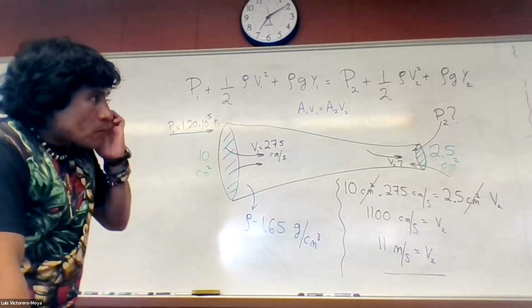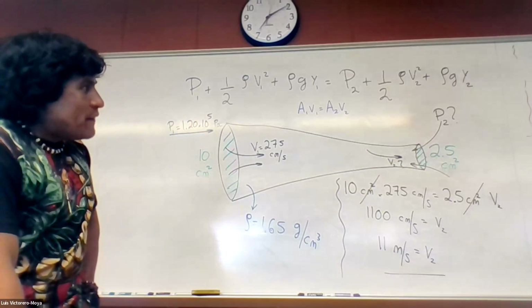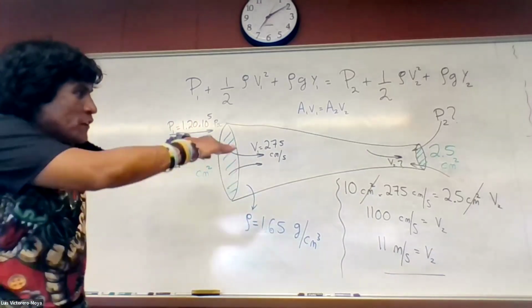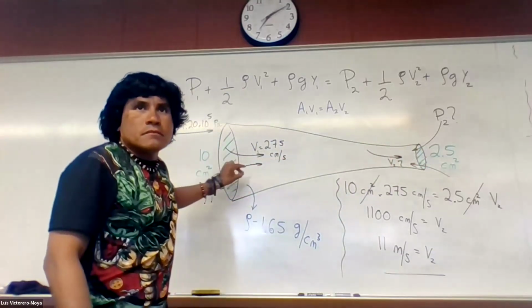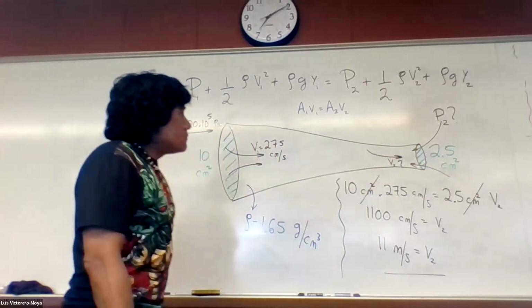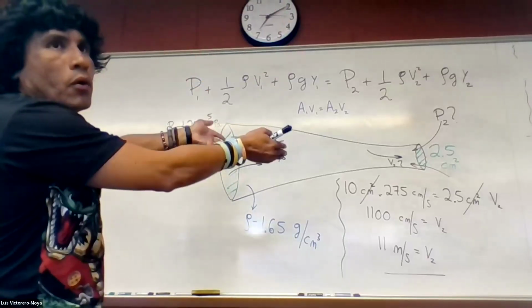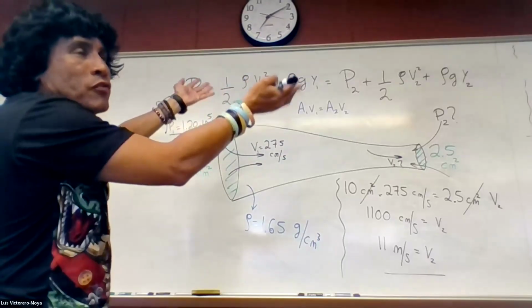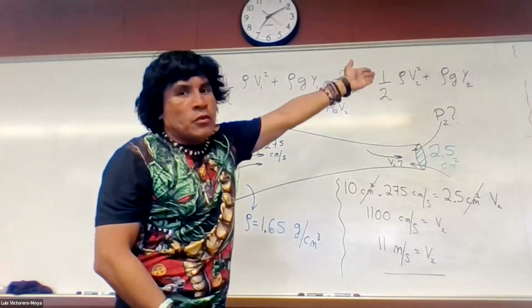So now I need to find pressure. And this is an easy problem because it's horizontal, so they are at the same level. If they are at the same level, my Y2, Y1s, they cancel, they are 0. There's no Y1, Y2 difference. It's only P1, V1, P2, V2.